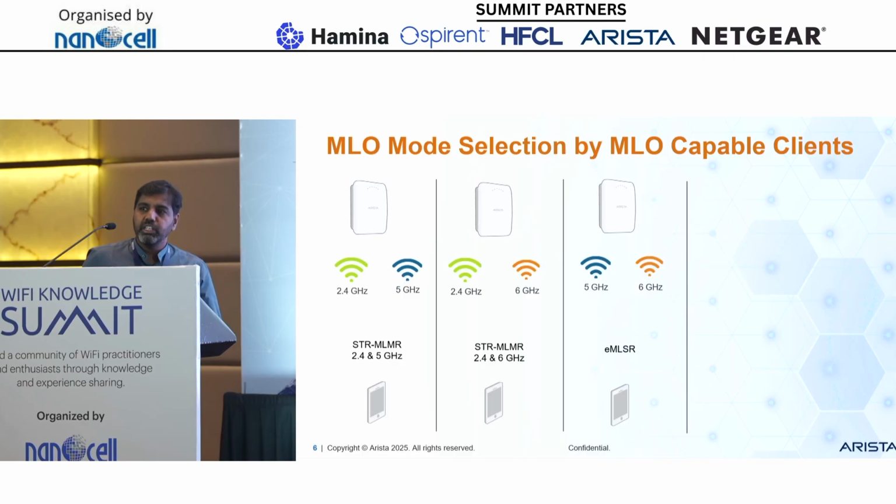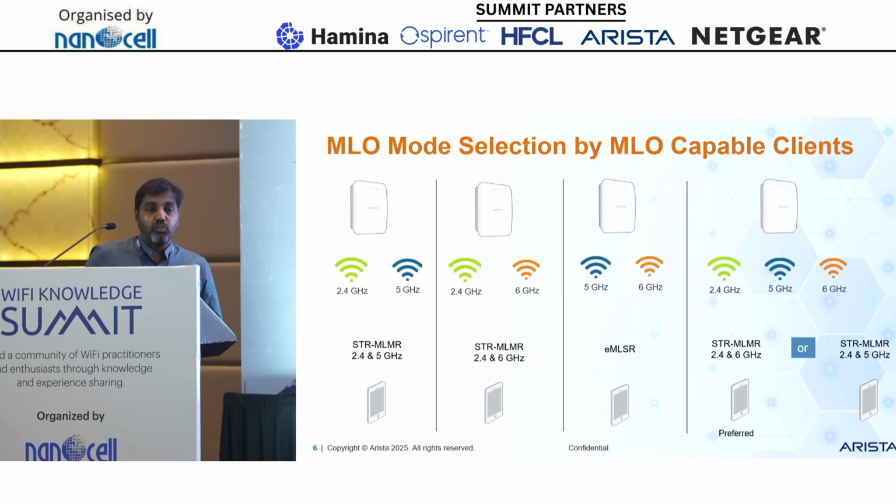So as an admin, we need to know what sort of SSID strategy we need to have on the field. Based on that, you can actually deploy your SSID strategy, right? If you see here, when you have SSIDs on all the bands, maybe 2.4, 5, and 6, it does STR MLMR preferring 6 gigahertz.